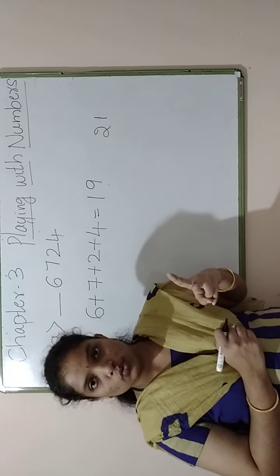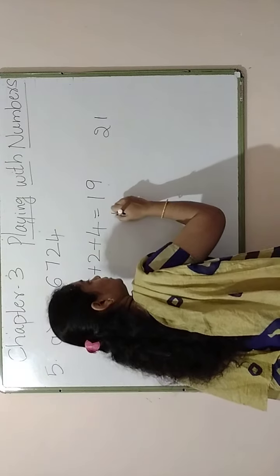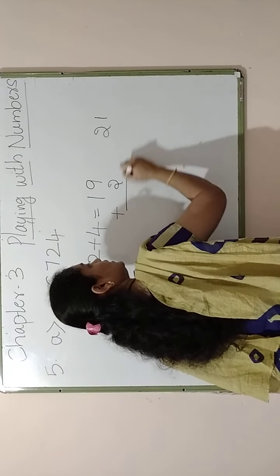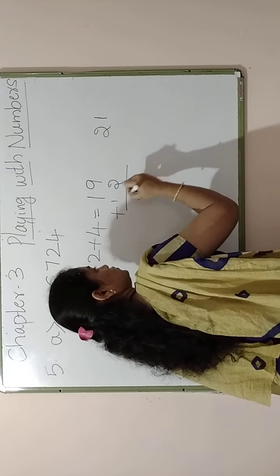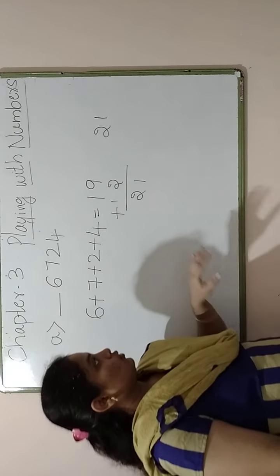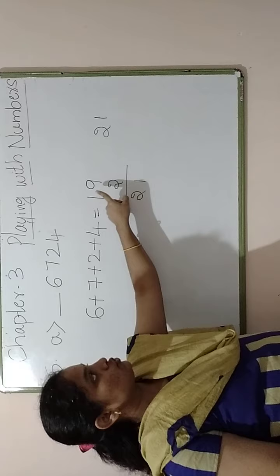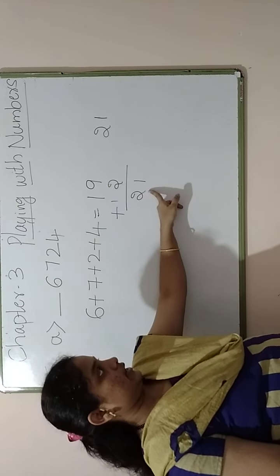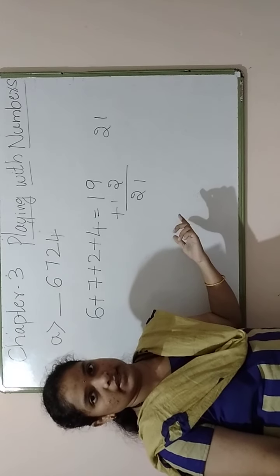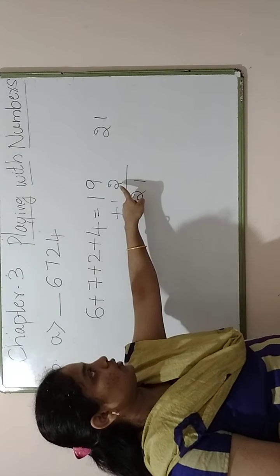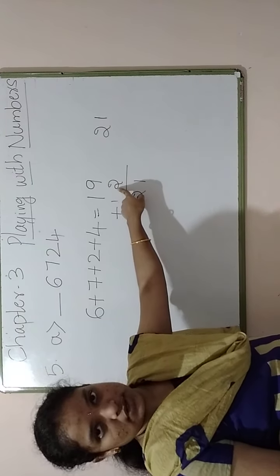We have to add 2. When I add 2 to 19, I get 21. 21 is a multiple of 3 and it is divisible by 3. So the number I got is 2.